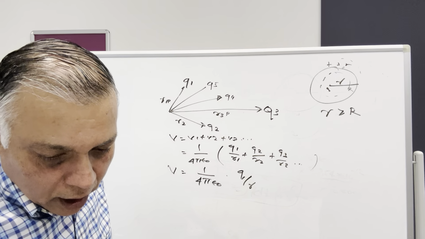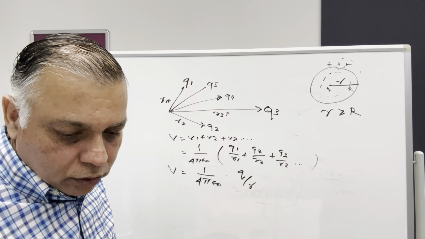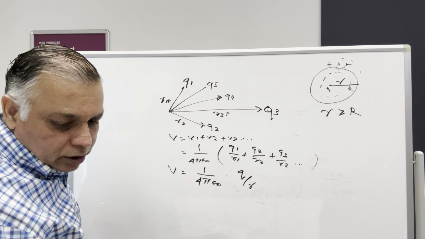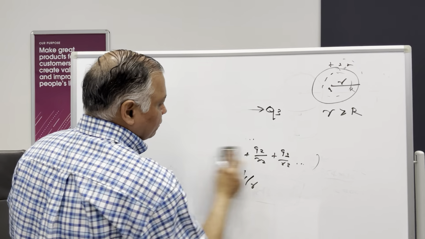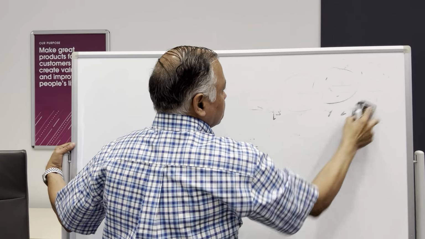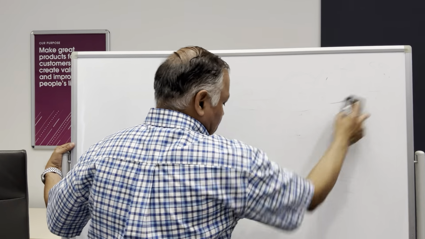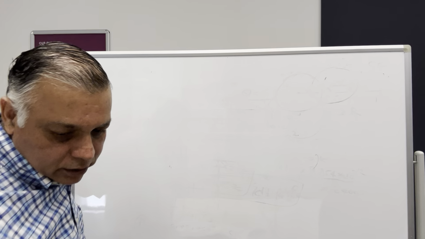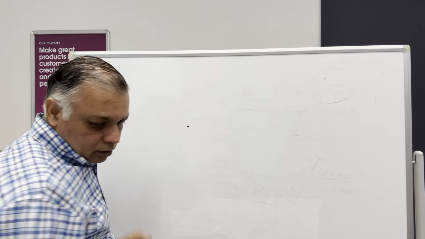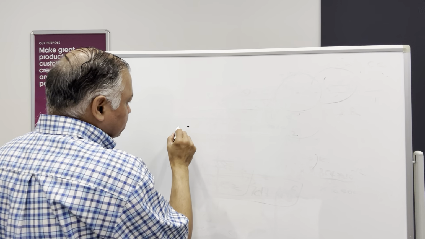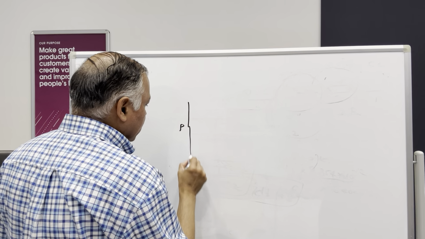So now this will lead into your understanding about potential due to an electric dipole. This was a fundamental equation. What is a dipole and how does this surface come into play? Let's say here is an origin, or here is the center. This is our center P, and there are two charges.